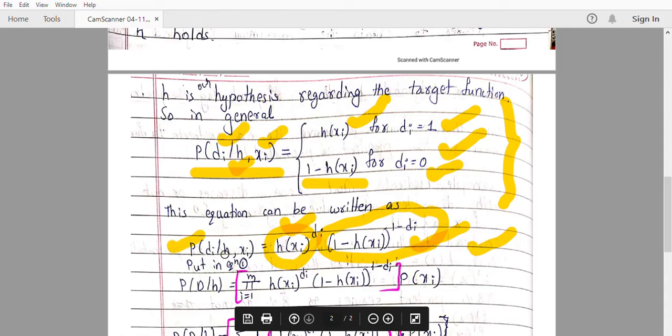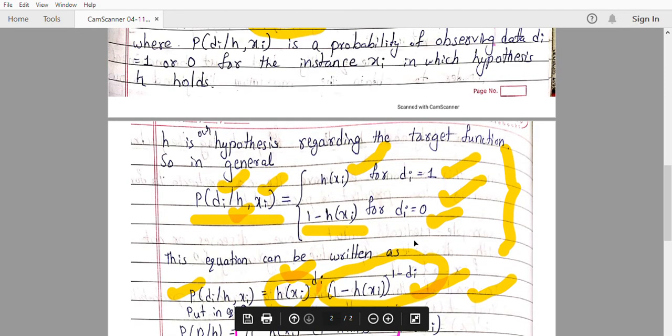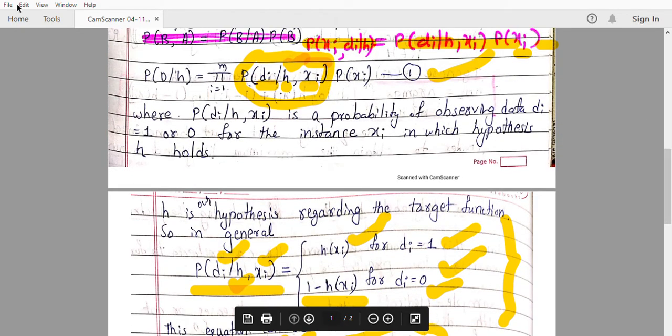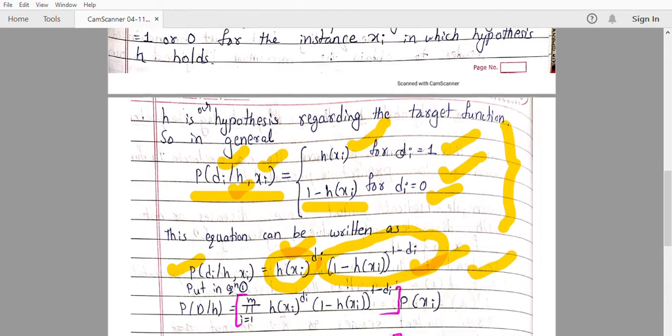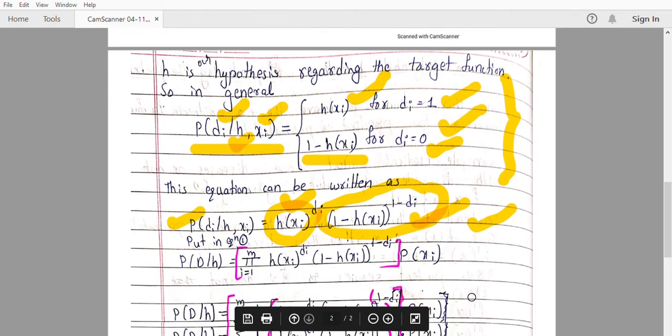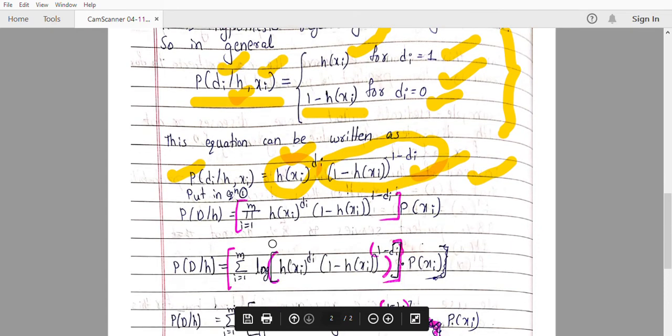In equation 1 you are going to put that. Once you put that, you have the product symbol here. Substitute this with a summation by taking the log, as we have done previously.